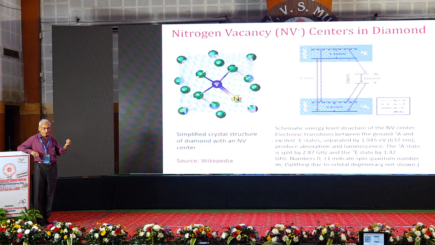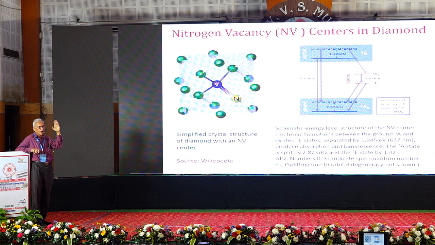But you can use light to send all these NV centers to excited states, and the decay channels are such that more of them come down to that mz equal to 0 compared to the other ones. So if you keep cycling this, after a while you can put all the NV centers pretty much into that m equal to 0 state. This is what is called spin polarizing these NV centers.